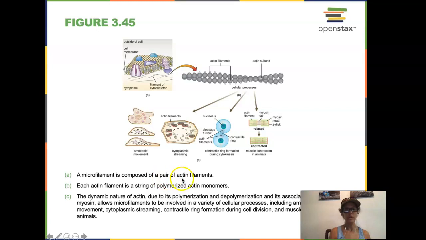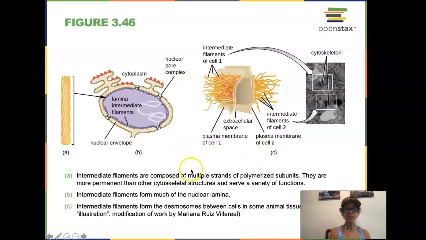So the microfilament is made of actin, and it is found for amoeboid movement, so cells that do cytoplasmic streaming to move, and it's important when we do cell division, and it's part of our muscle contraction. The intermediate filaments, it's like multiple strands of polymerized subunits.